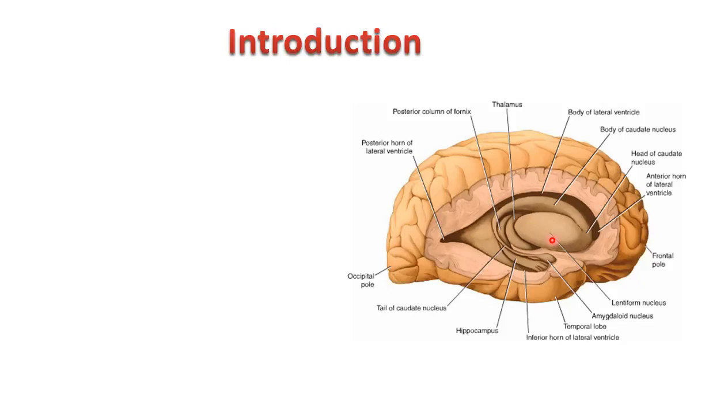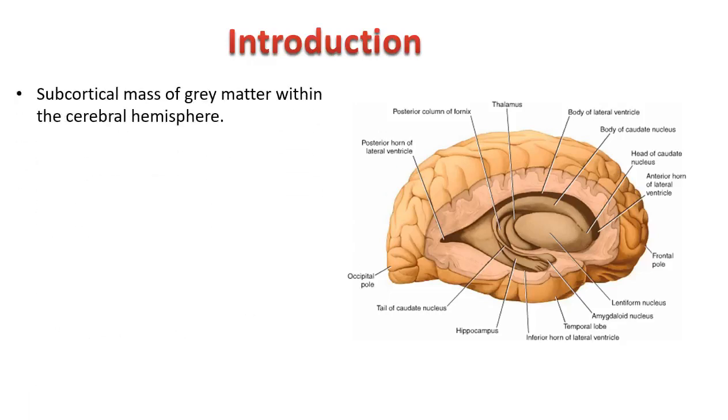They are subcortical because they are present below the cerebral cortex. So deep nuclei which are subcortical in position are called the basal nuclei, and the old term refers to them as the basal ganglia.